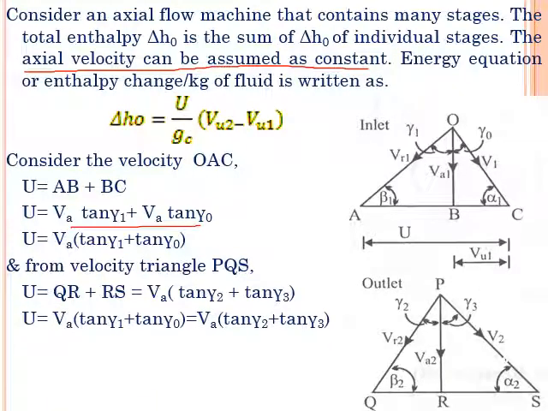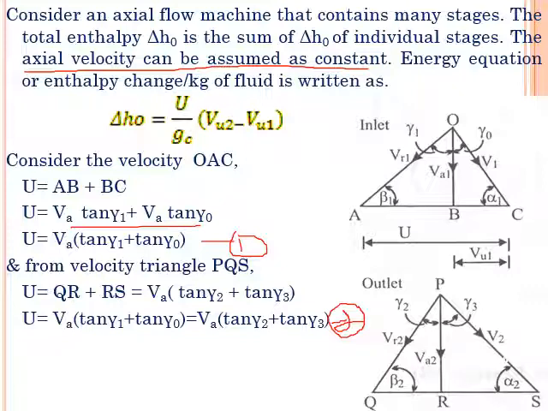Now the first expression for U is U equals V of A into tan gamma 1 plus tan gamma naught, and the second expression is U equals V of A into tan gamma 2 plus tan gamma 3.